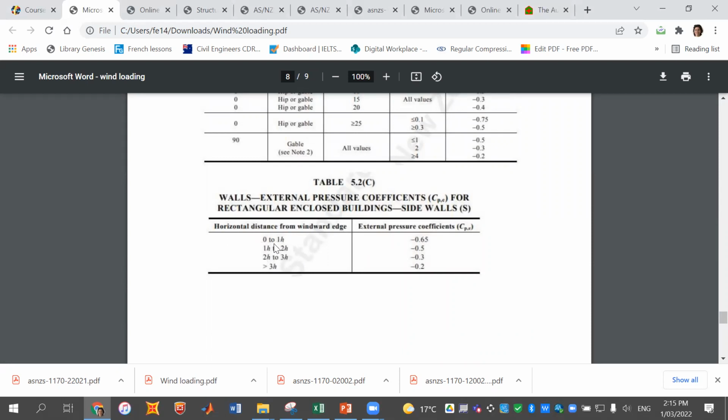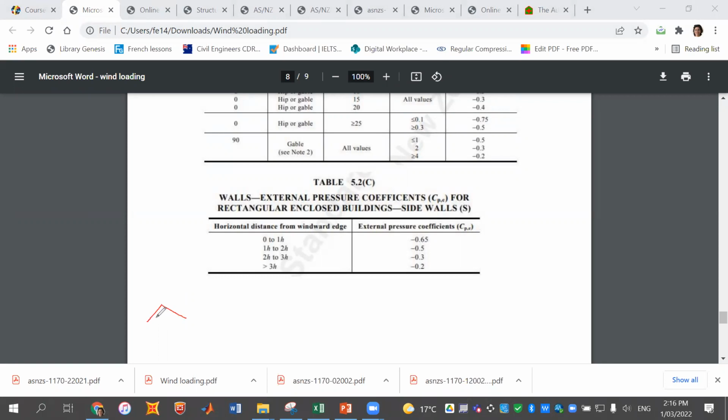As you can see, here is the horizontal distance from windward wall edge. The definition for this part I need to explain.